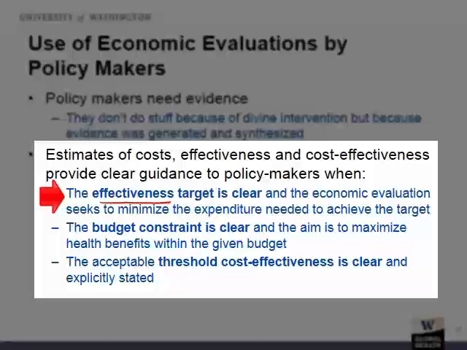So if you can minimize the cost to achieve your clear effectiveness target, then the policymaker knows exactly what to do. In the second situation, you have a clear budget constraint. So you say, I have $1,000, that's all I have. And the aim is to maximize health benefits within that restricted budget. And the third one is when you have a clear threshold for cost effectiveness. And you've explicitly stated it, and you say, we don't pay for interventions that don't meet this threshold.